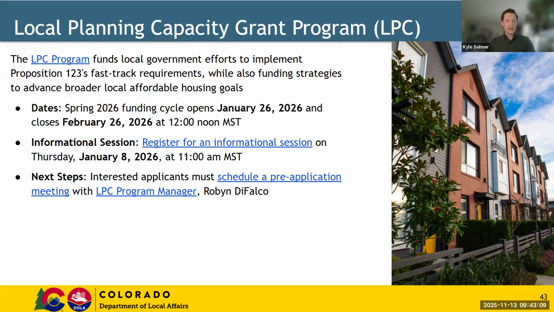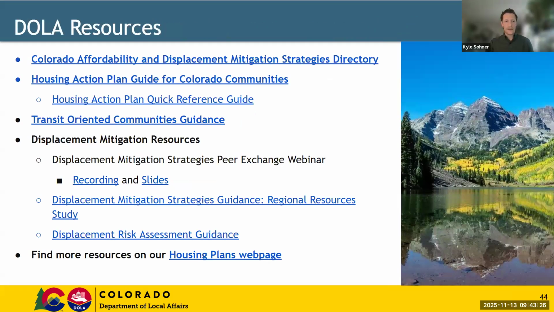That is January 26th through February 26th of 2026. Again, there's an informational session, or reach out to our program manager, Robin DeFalco, and she can direct you toward any information that you may need. And I believe with that, I will pass it back to Eugene to close this out.